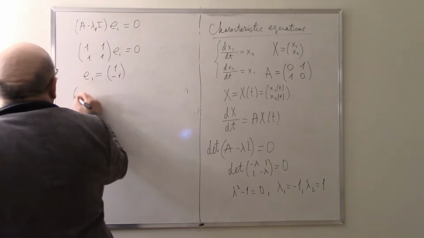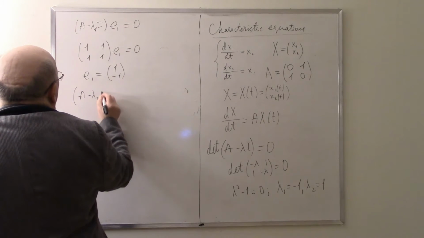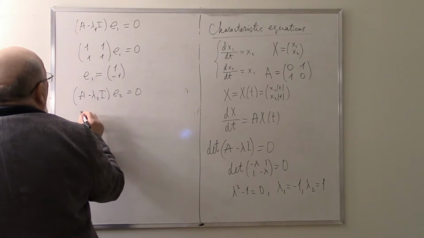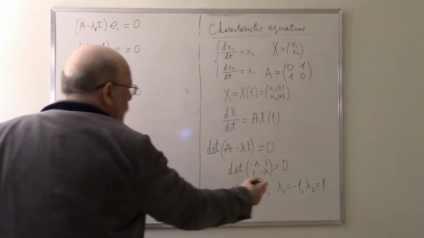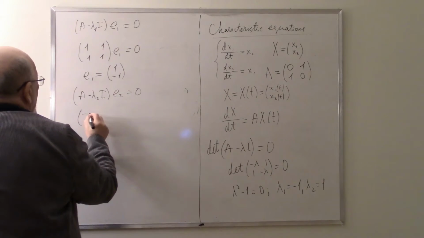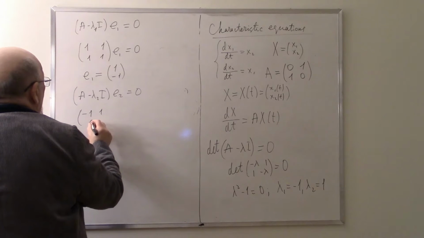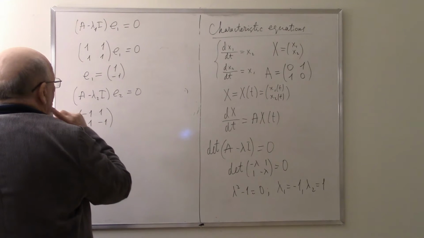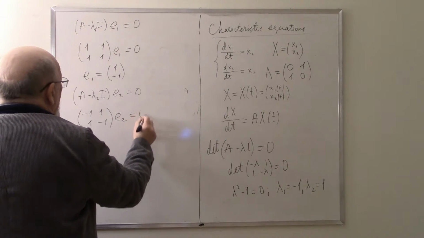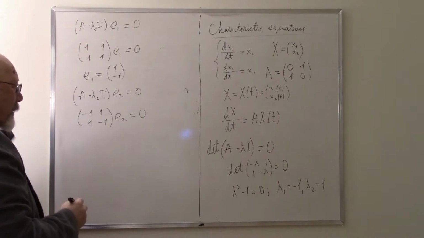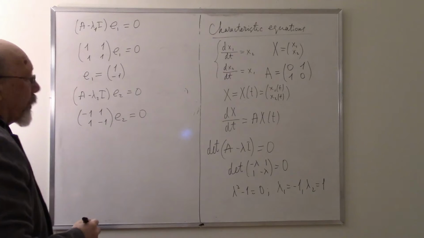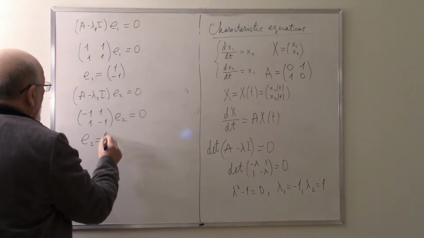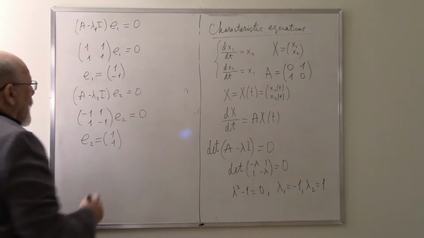Now A minus lambda 2 I times E2 equals 0. Lambda 2 is 1, so it is minus 1, 1, 1, minus 1 times E2 equals 0. These two lines are proportional, so we say that E2 equals 1, 1. We can guess it.